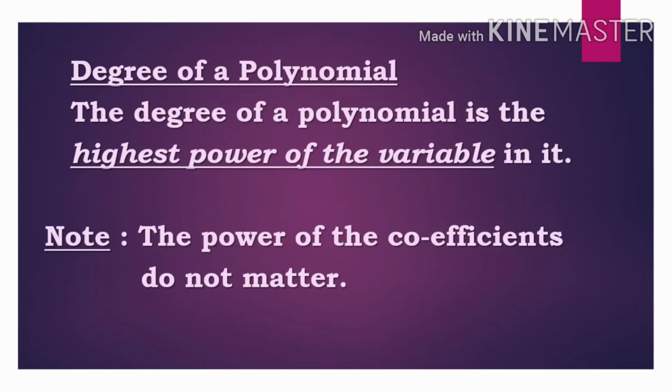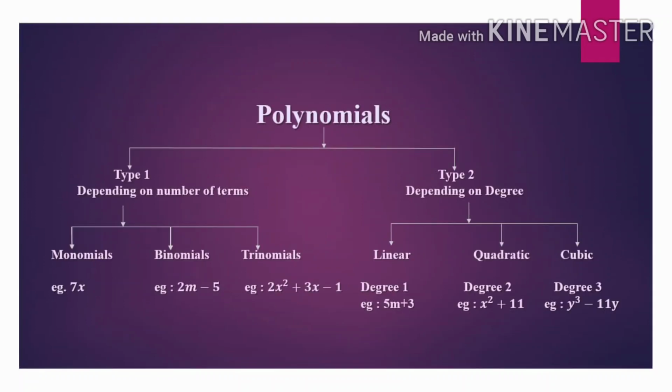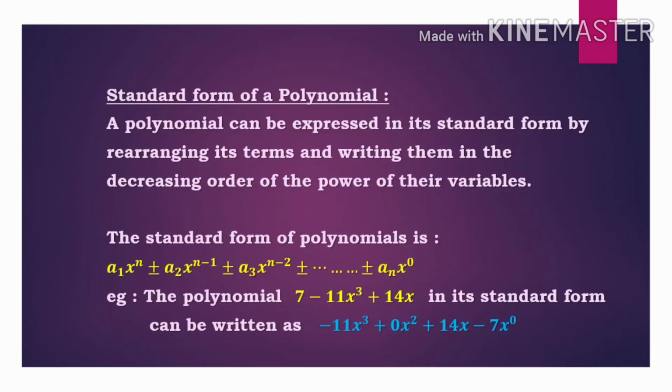Depending upon the degree, we called it linear, quadratic, cubic: degree 1, degree 2, degree 3. We also knew it as monomial, binomial, trinomial. Moving ahead, we also saw the standard form of a polynomial. What was the standard form? Arranging it in the decreasing order of the powers of the variable.